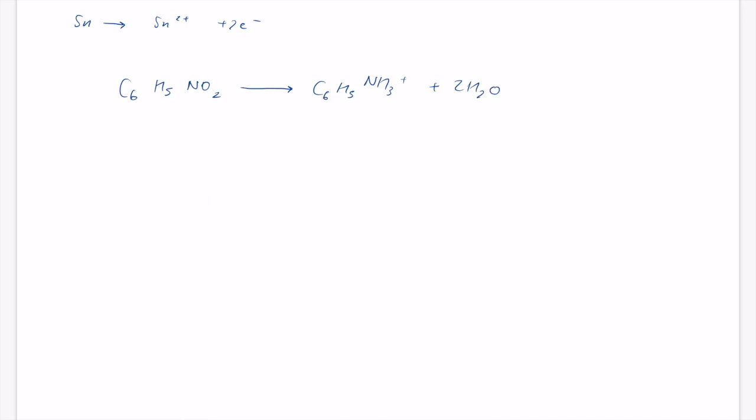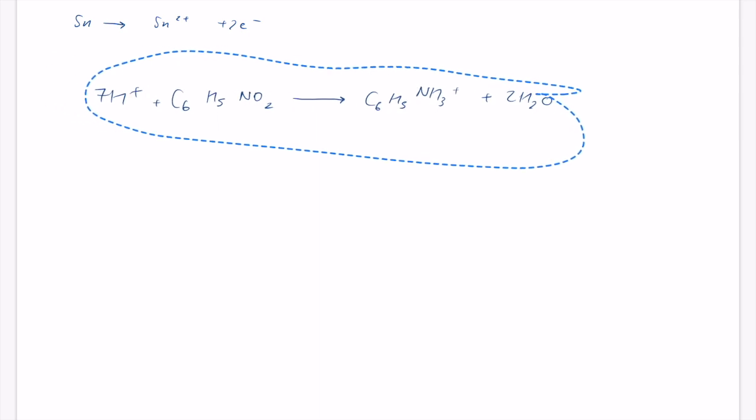Now we have an imbalance of H's. So here we have 5 H's. Here we have 8 plus 4, we have 12 H's. So we need 7 H's on this side. And now we have an imbalance of charges, which means we have to do something about that.